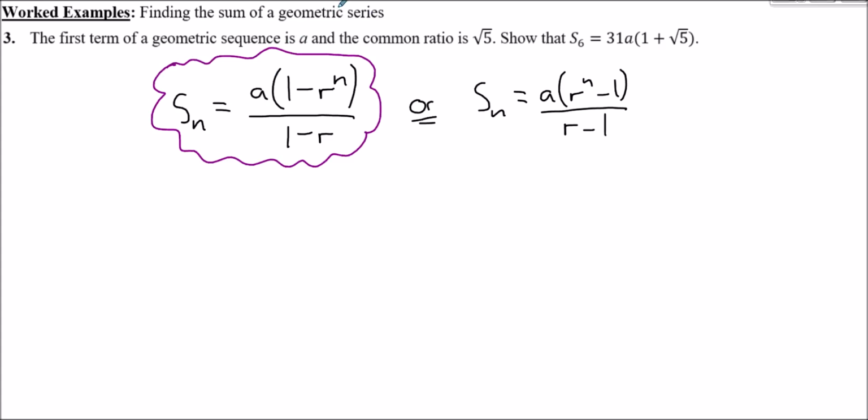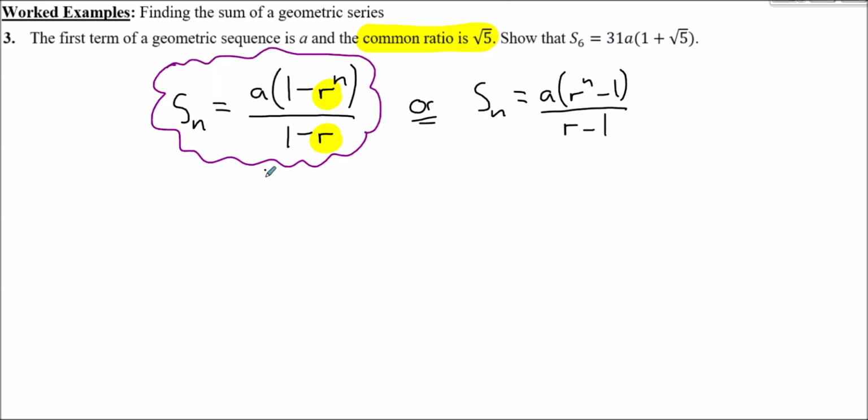So what are we told here? Well, the only thing we're told really is that the common ratio is, sorry, square root of 5. And we need to show that S6 is this.